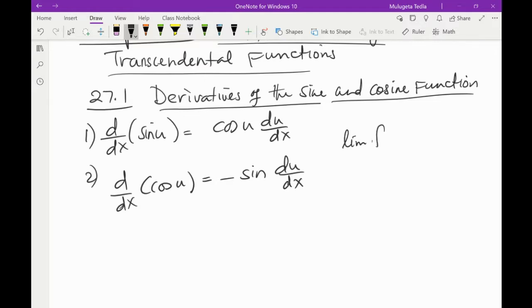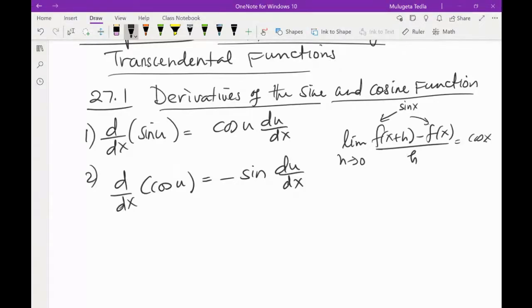The limit of f of x plus h minus f of x over h as h approaches 0. If you use sine of x for f, you will end up having cos x, and vice versa. The derivative of cosine, if you use cos x for f, gives negative sine x.